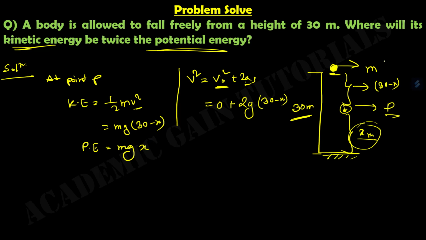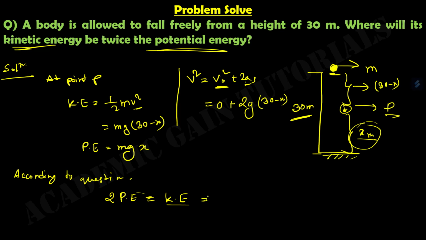According to the question, our kinetic energy is twice the potential energy. So if our potential energy is PE and our kinetic energy is KE, the kinetic energy is twice the potential energy.